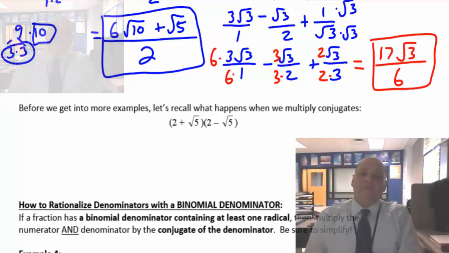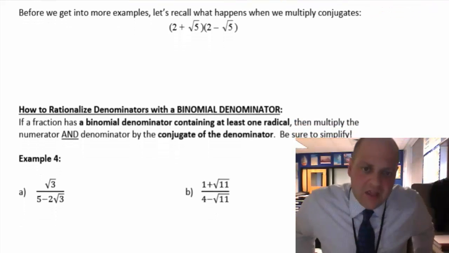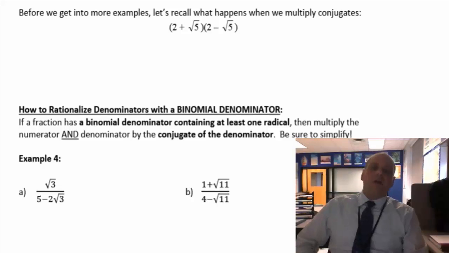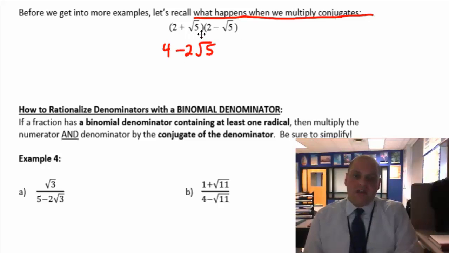Okay. So now before we get into our other more complex denominators, I want to do a quick review here of what happens when we multiply conjugates. This is from our multiplication lesson. We already know how to do this. So 2 times 2, that's 4, and then minus 2 radical 5, and then this times this, distributive property, 2 radical 5, and then radical 5 times minus radical 5 is negative 25.